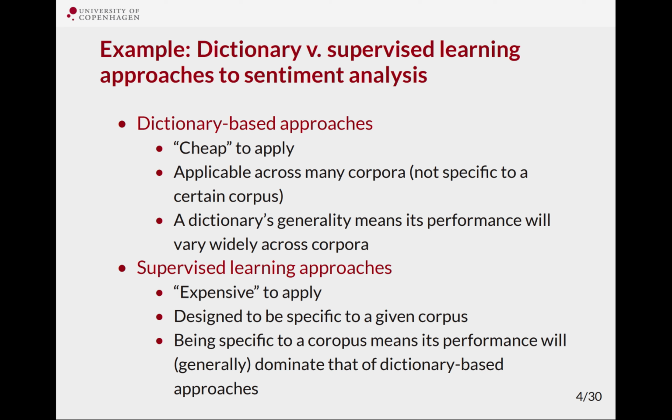And you will know exactly what you're coding and why you are coding something positive or negative, because you yourself come up with the code book to make those determinations. And so the benefit there is that because it's specific to a corpus, its performance will typically be much, much better than a dictionary-based approach.